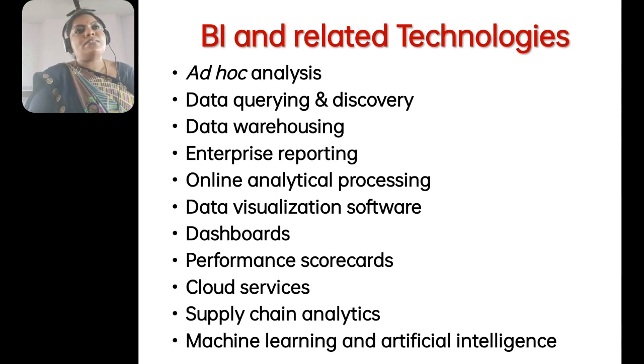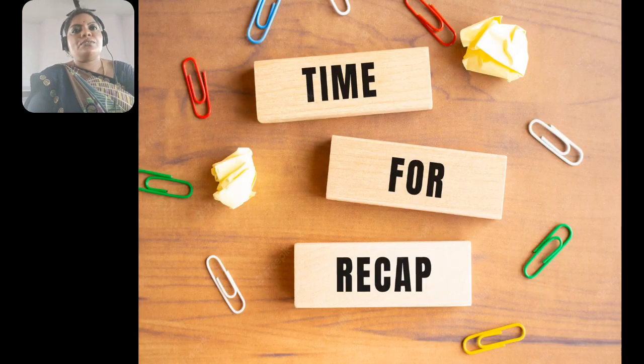The specific business intelligence technologies may include ad hoc analysis, data querying and discovery, data warehousing, enterprise reporting, online analytical processing, that is OLAP, and data visualization software, dashboards, performance scorecards, cloud services, supply chain analytics, and machine learning and artificial intelligence. So these are some technologies related to the business intelligence concept.